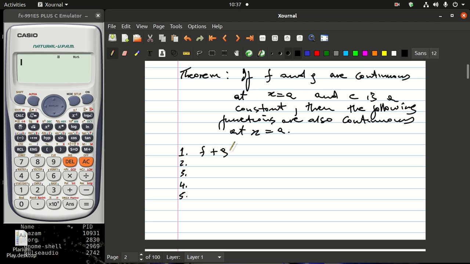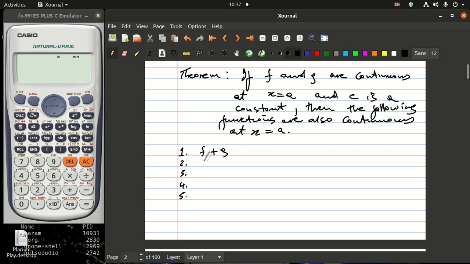Therefore, this also has to be continuous. I'm just going to prove one to see how this works.